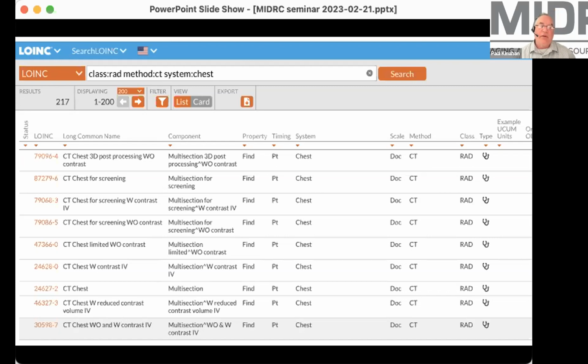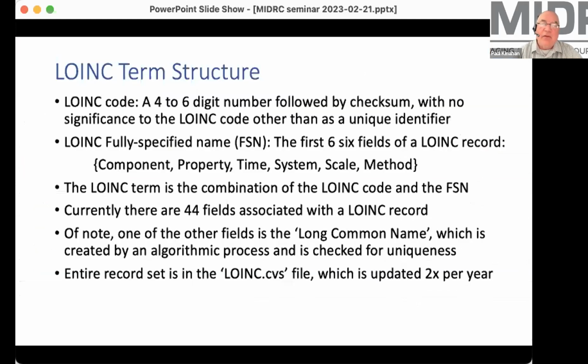So that's one little thing that shows this is a LOINC code and not what somebody typically would enter into a center. I've only covered two fields, the LOINC code number and the long common name, and you can see columns for other components in the LOINC codes, and I'll talk a bit more about that. The LOINC structure has the code and the fully specified name I mentioned. It's actually not, there's a nuance there, but I won't go into that.